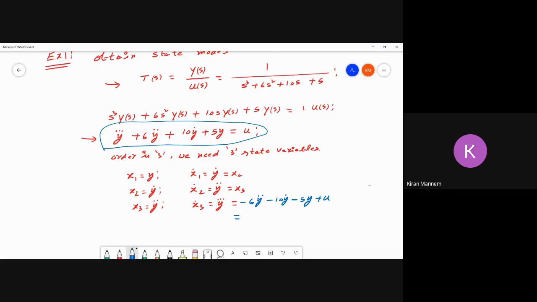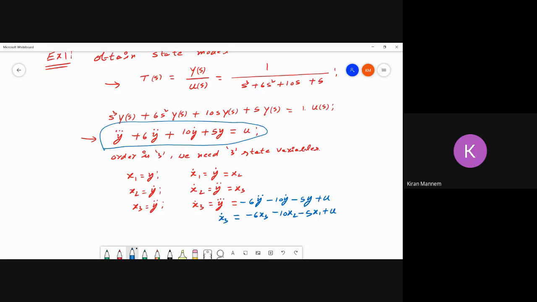So this is minus 6x3 minus 10, what is y dot, x2, minus 5, what is y, x1, plus u, which is nothing but your x dot 3.